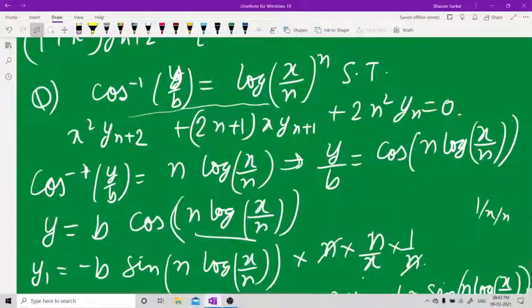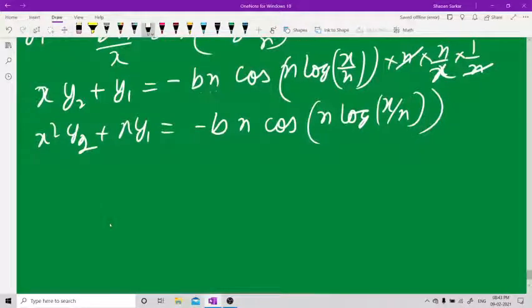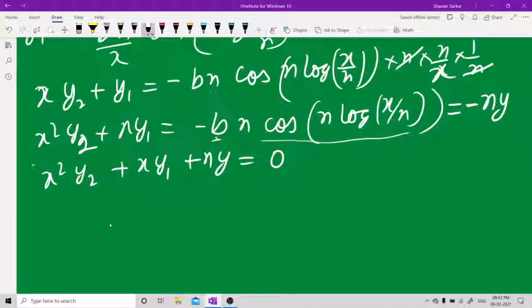Let's put y there. So here I can put equal to minus n y, because this portion is nothing but y. So now the equation is x² y2 + x y1. Take this, bring that minus here: n y equal to 0. Take the nth derivative everywhere.